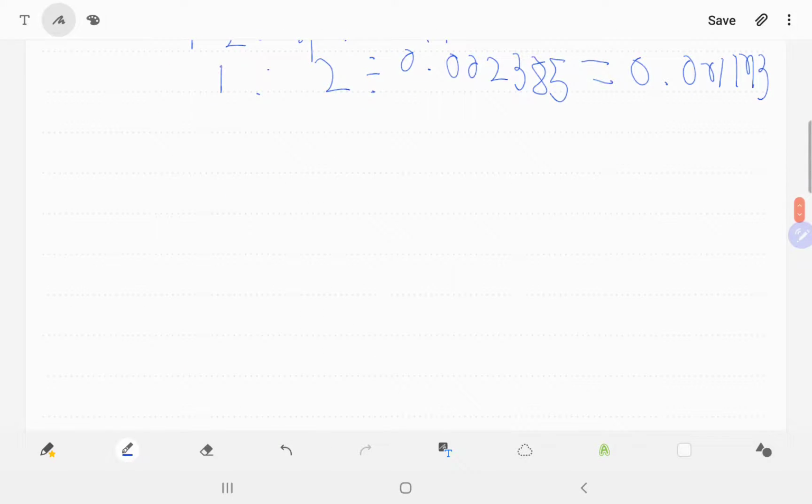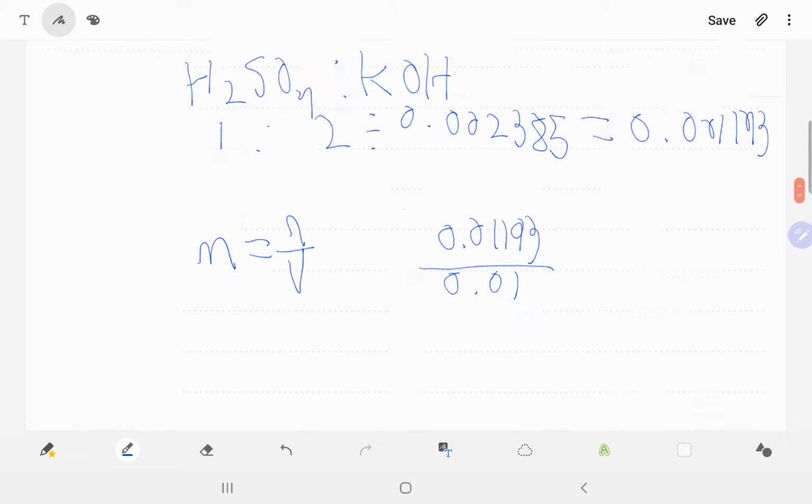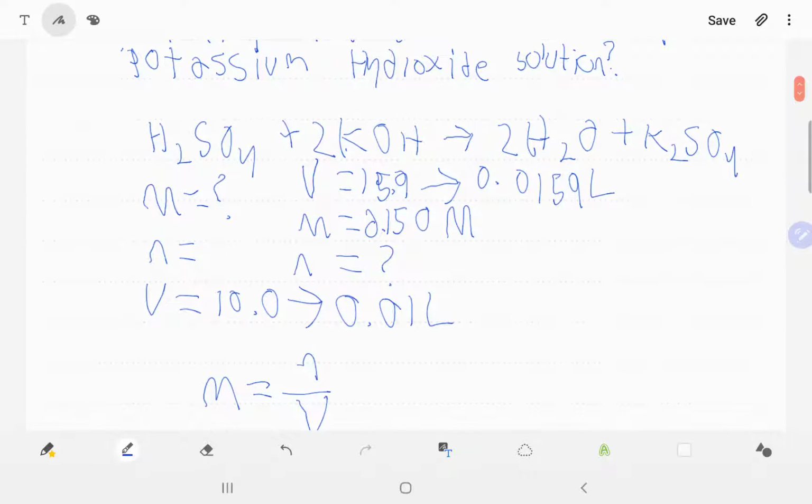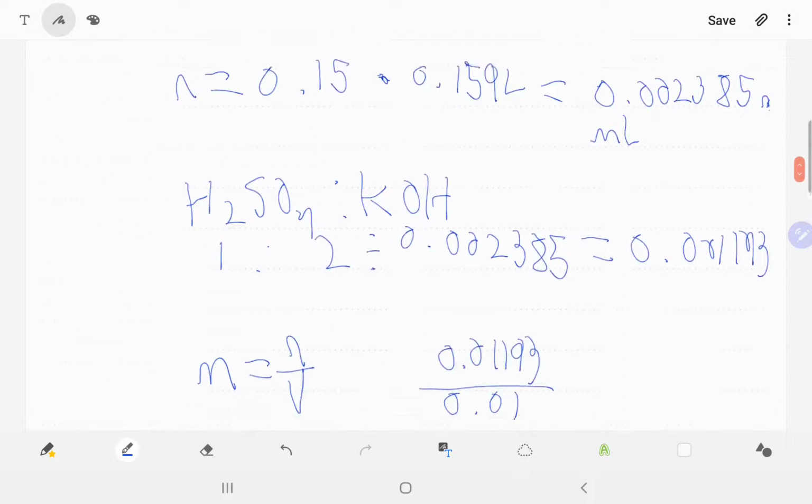Now that you have your number, you simply take the same equation, M equal to n over V. You'd plug in the numbers, so 0.001193 goes on the top, and your 0.01 from the 10 milliliters that you converted earlier.